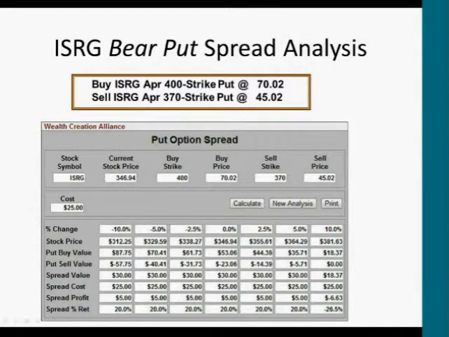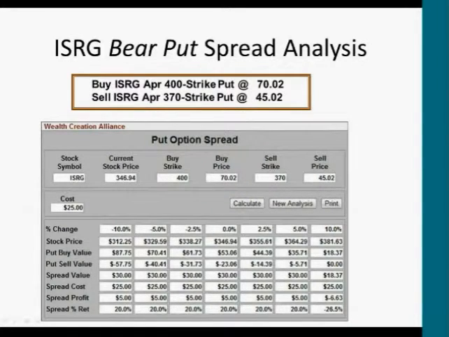Here's a put option spread analysis for this particular trade. Again, this was an 18-day trade. It had a 20% profit potential if ISRG stock drops 10%, still had a 20% profit potential, and if the stock stays flat, still had a 20%.